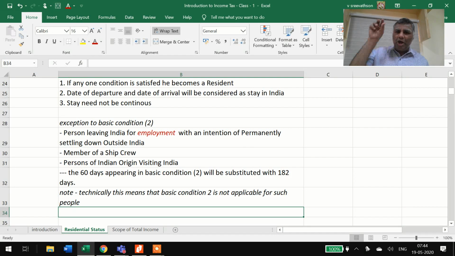If he is having an origin, the branch, the root is in India. Only it has branched out. The root is in India. That is what is persons of Indian origin. Many people work outside India. They visit India to spend time with their family, etc. So I want to give them a small relief. That is why I am taking out that 60 days condition for them.